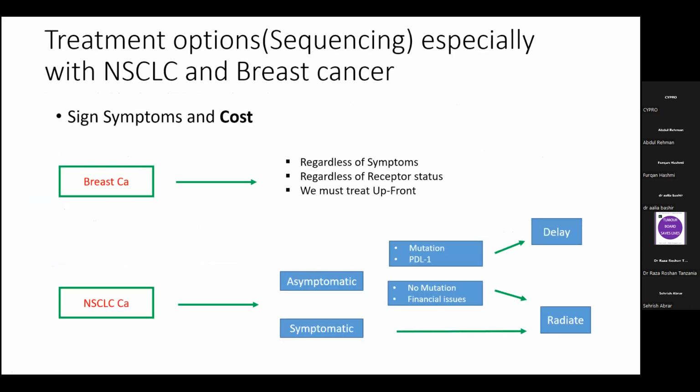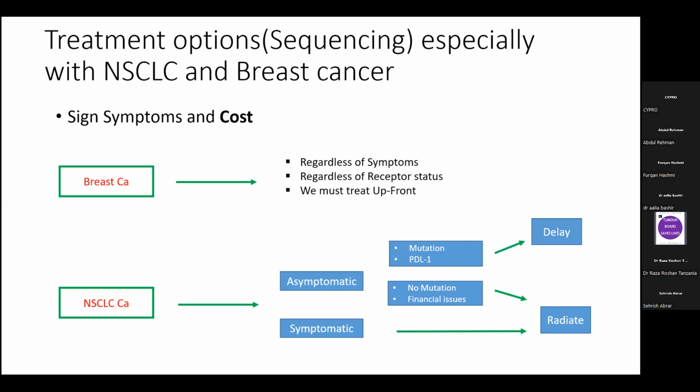So for breast cancer patients, unfortunately, even in the presence of positive receptors, presence of HER2 positivity, we still don't have any specific therapy which can give a better result than the stereotactic. So regardless of the symptoms or the receptor status, usually I prefer to treat them upfront.